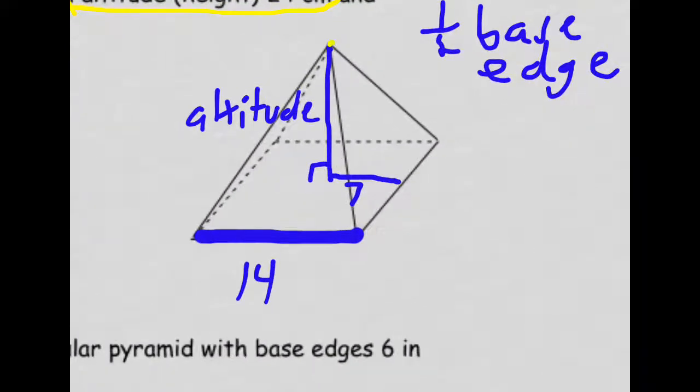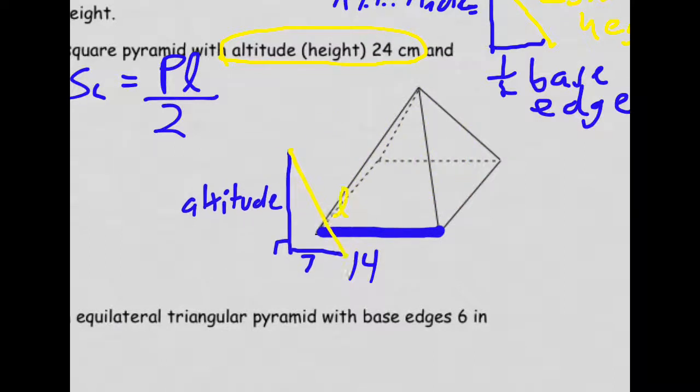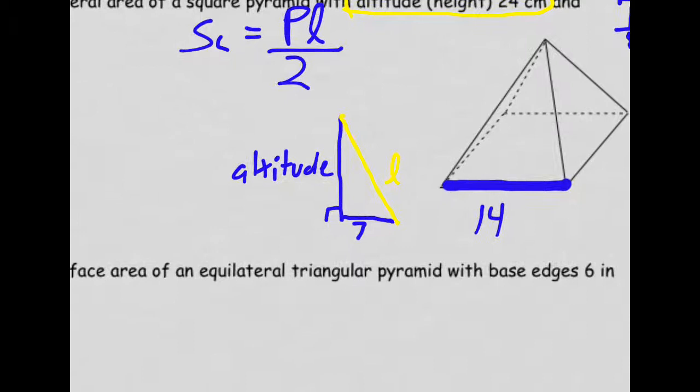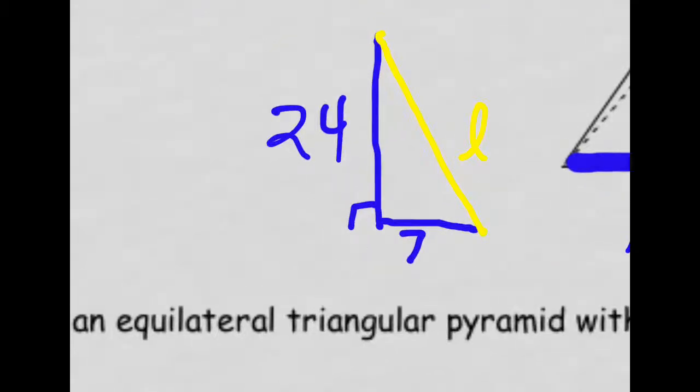We've got to figure out what that value is right there, because that is our L. So I'm going to take this out here, and I'm going to use this. What's the value of our altitude? 24, right? Now I can use the Pythagorean theorem to find L.